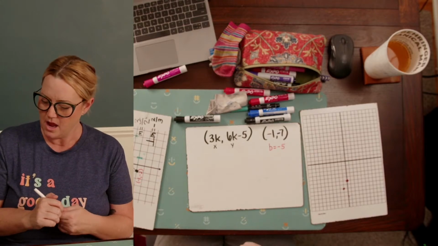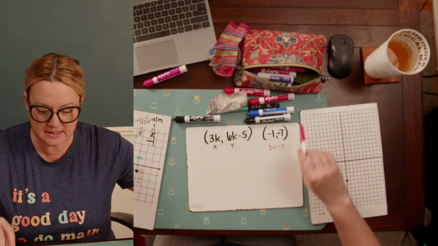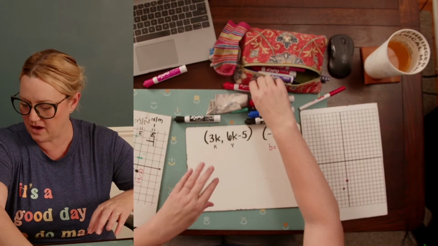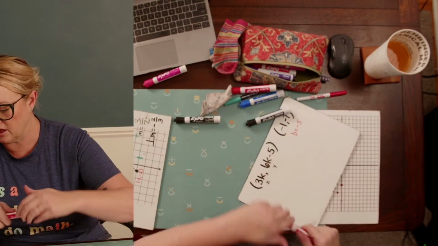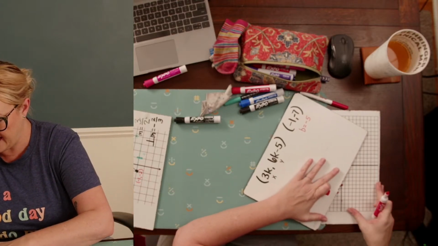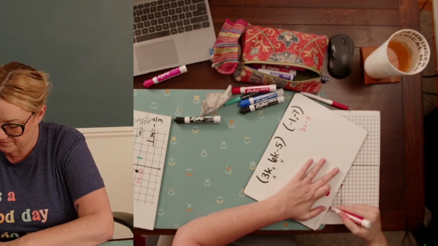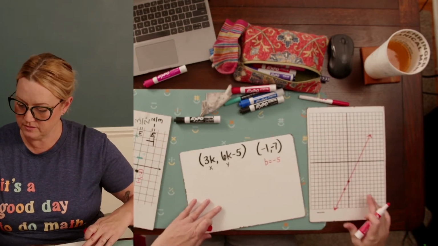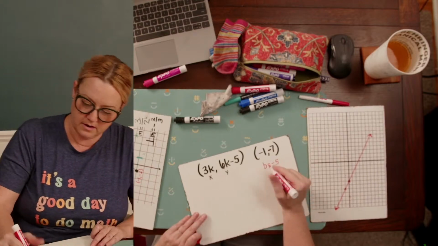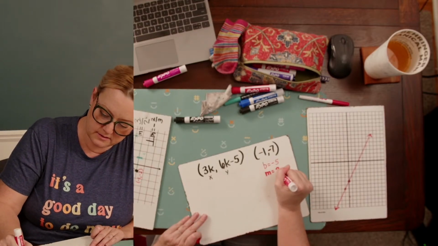That was weird. So in this case, let's look at our line again. Now our slope is actually positive 2, because we go up 2 over 1. So our slope is 2.